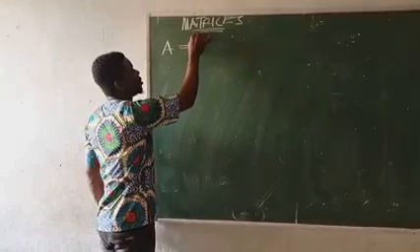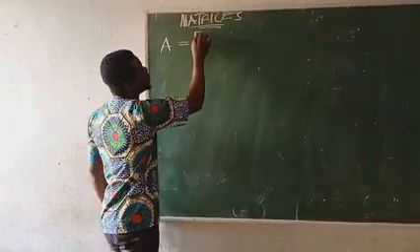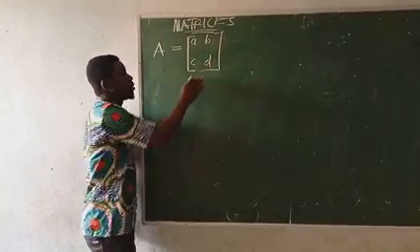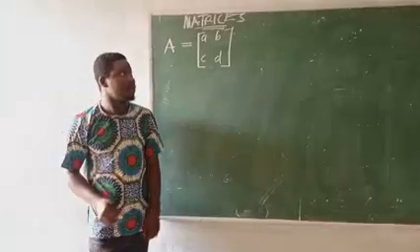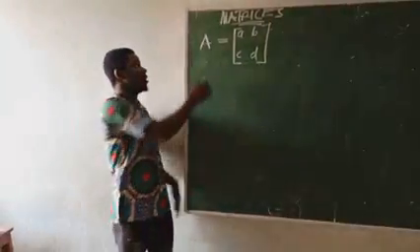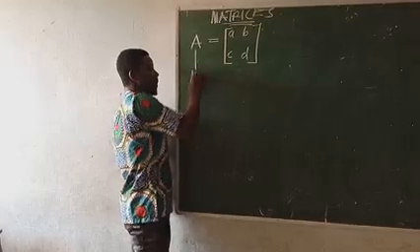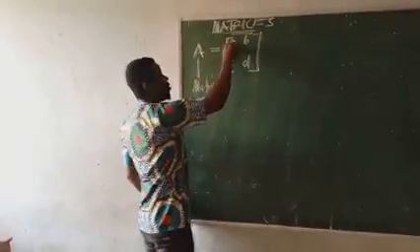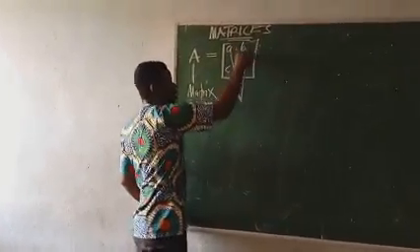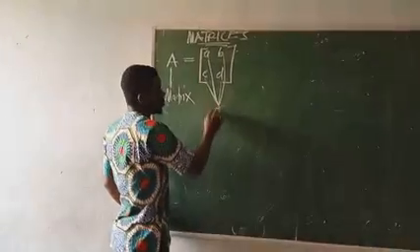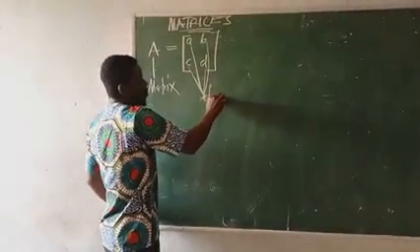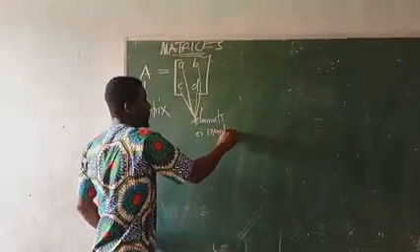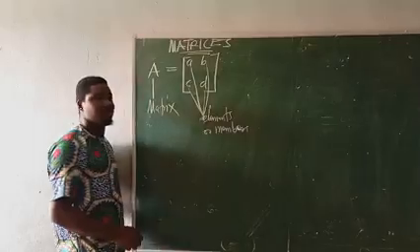A equals A, B, C, D. So you can see from the box, this A is the matrix. You can see it is written in a capital letter, while all these are the elements or members of the matrix.